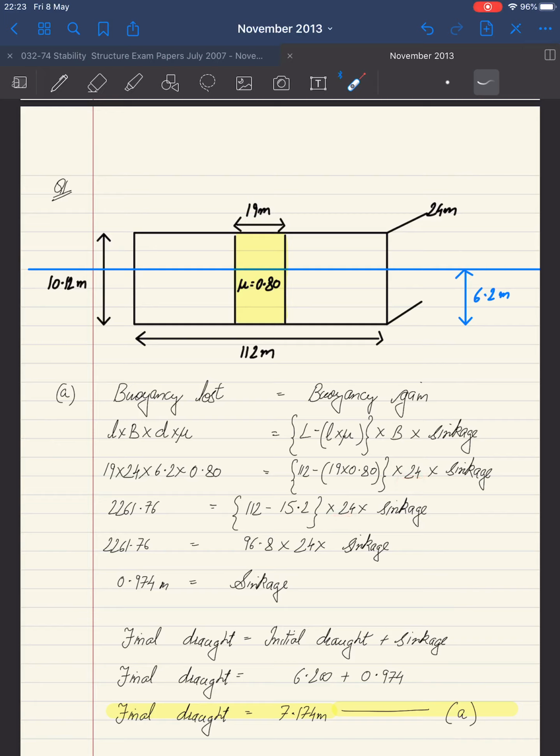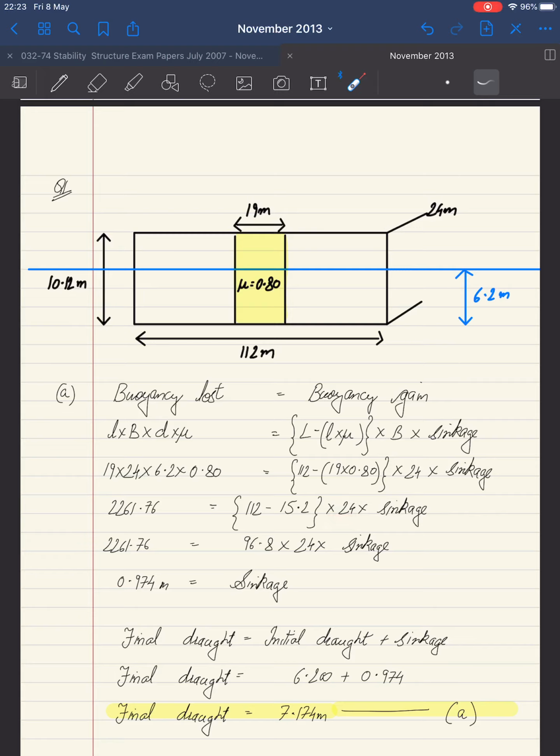Solving this equation further, we'll get 2261.76 is equal to 96.8, which is when we subtract 15.2 from 112. So this is 96.8 times 24 times sinkage.